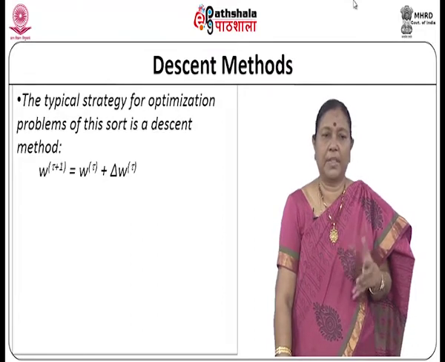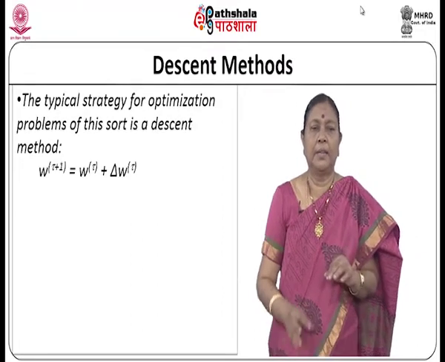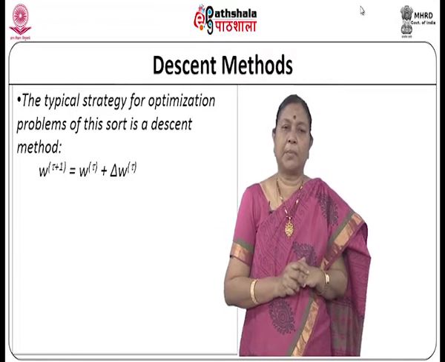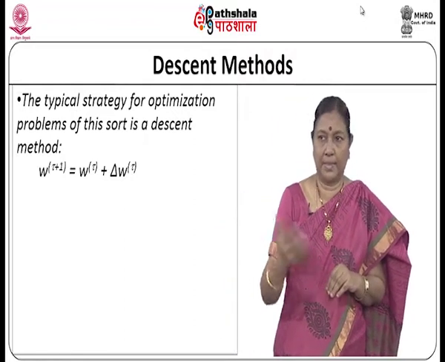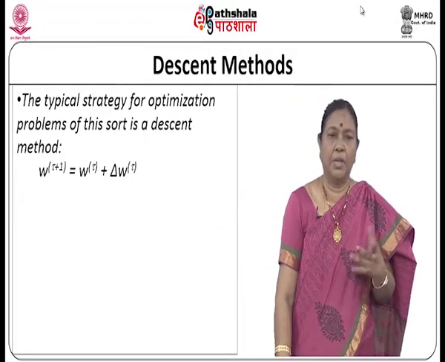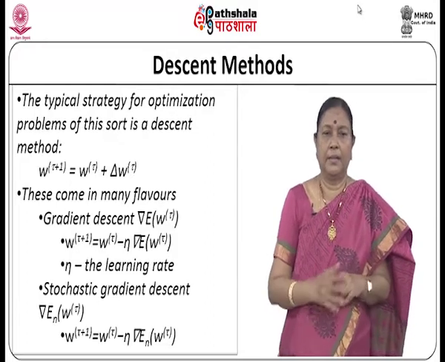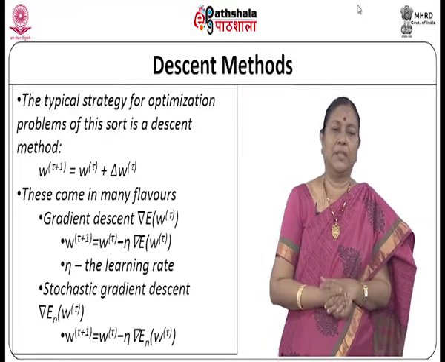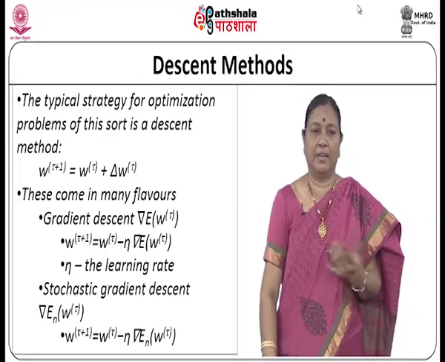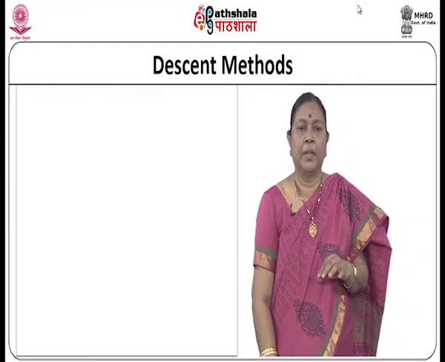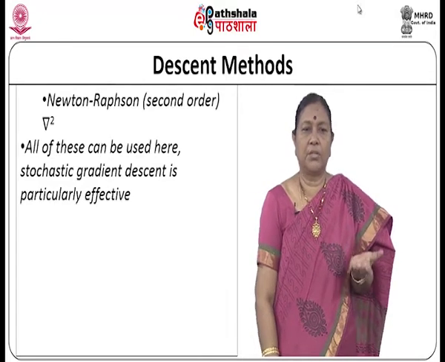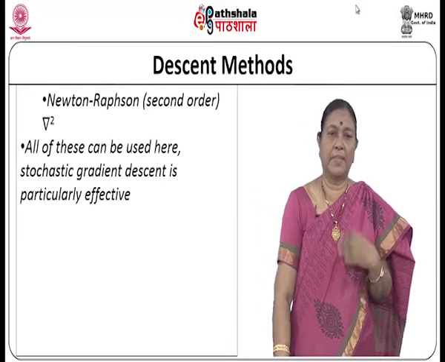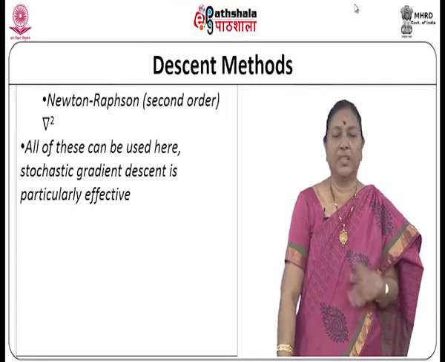So, there are different methods by which this can be done. The typical strategy for an optimization problem of this sort is a descent method, which we discussed with the geometric model given this way. These come in many flavors: gradient descent, we will not go into the detail of this, or stochastic gradient, it can be done in either way. You can also use the Newton-Raphson second order method, which we have done for the derivatives.